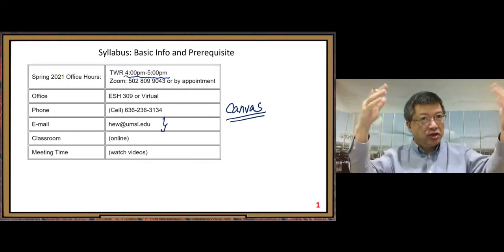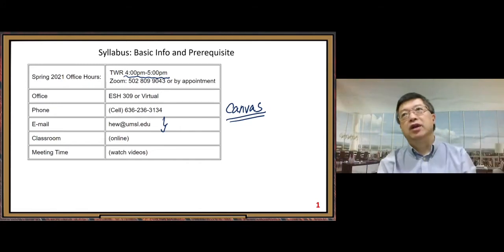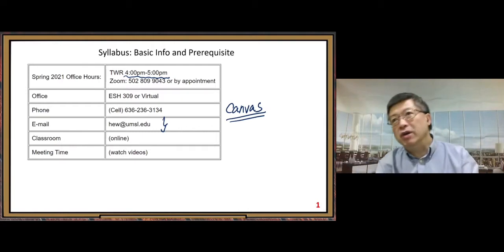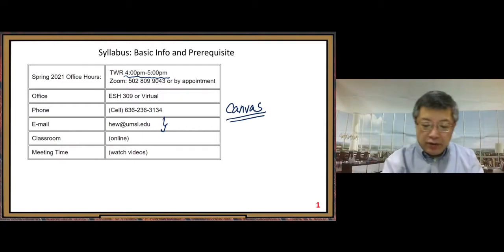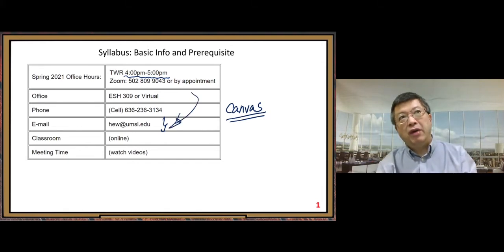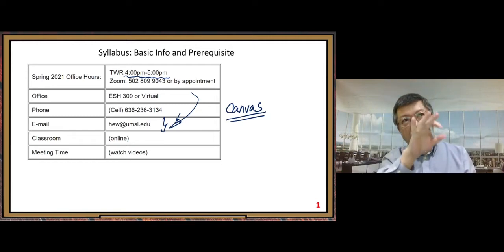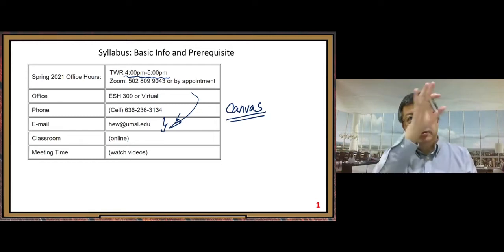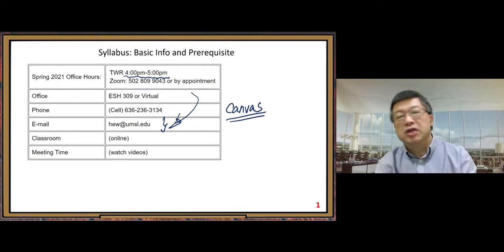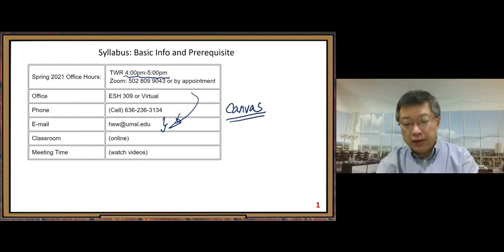All messages from my students from 3 classes come there, so I just process them 1 by 1 and I won't miss anyone. But if you send to this mailbox, there are many garbage mails, so I need to try to find the good ones among them. Sometimes I may miss 1 or 2. So the Canvas way is much better. Okay?